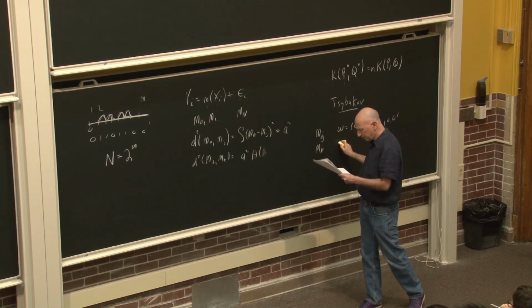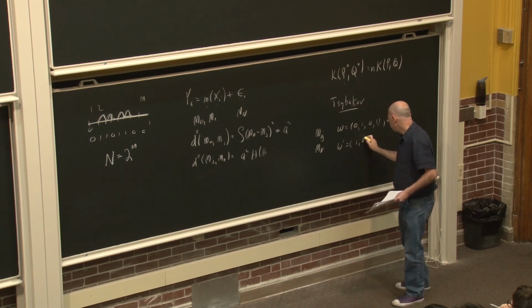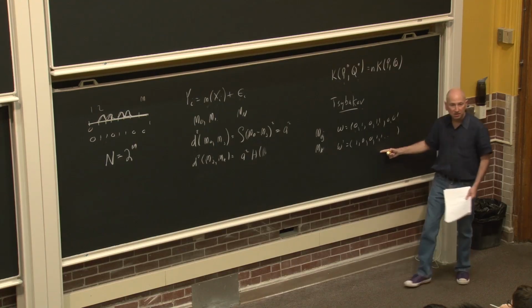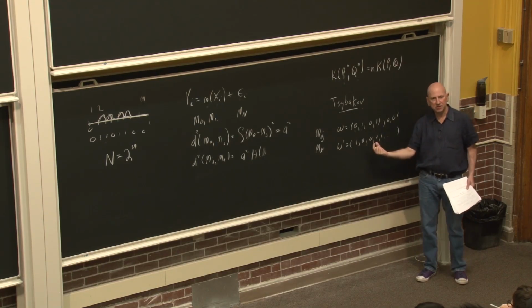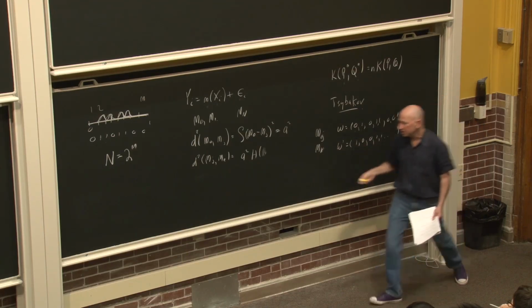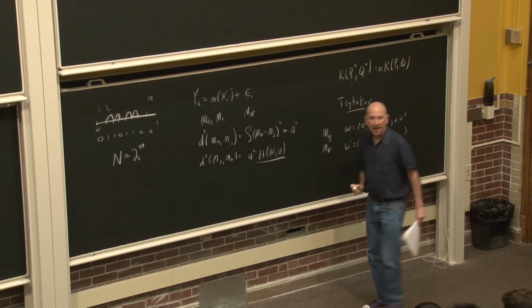Let's call it omega prime. It has a different bit sequence. And when I take the L2 distance, any bin where they agree, it's 0. Any bin where they disagree, it's a positive number, times the number of places where these two bit sequences differ. That's called the Hamming distance.